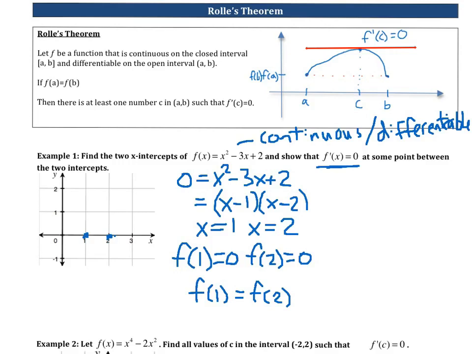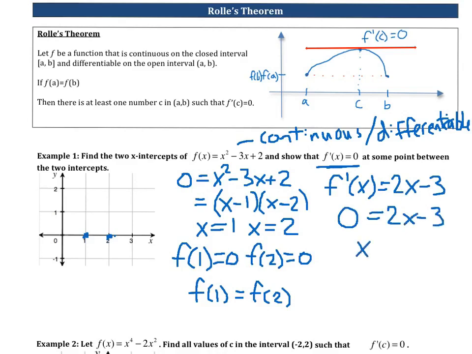So we're just going to find f prime of x. That equals 2x minus 3. And then we need to find a critical number, so we let our derivative equal 0, and in this case we get x equals 3 halves. So we know that at x equals 3 halves we're going to have a max or a min.